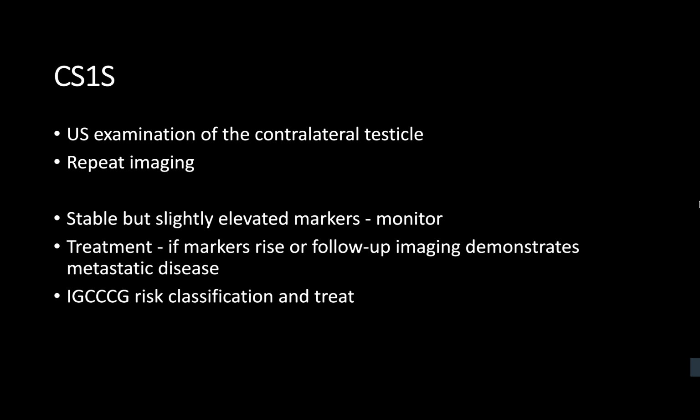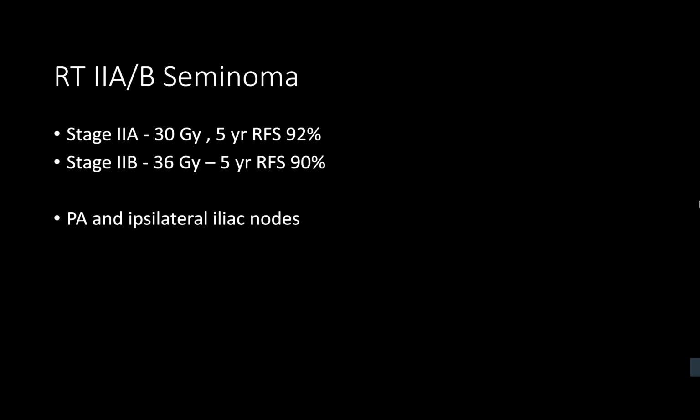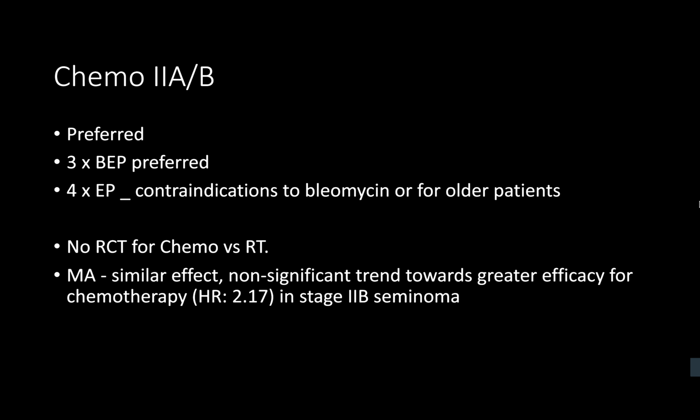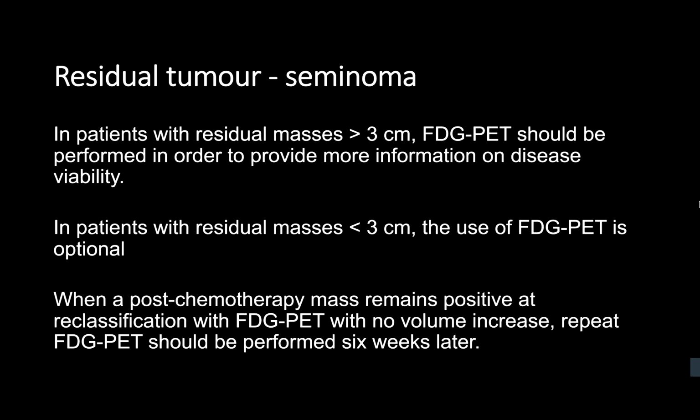What if there is a 4 centimeter residual tumor in the retroperitoneum after treatment of seminoma? So for this patient, usually we do the tumor markers again. We do a follow-up for about 8 weeks, and we do the tumor markers and repeat imaging again.